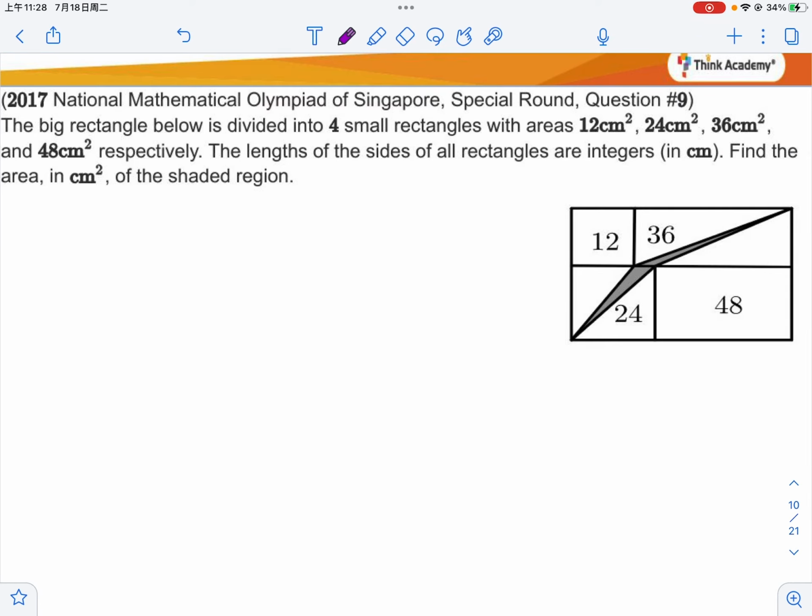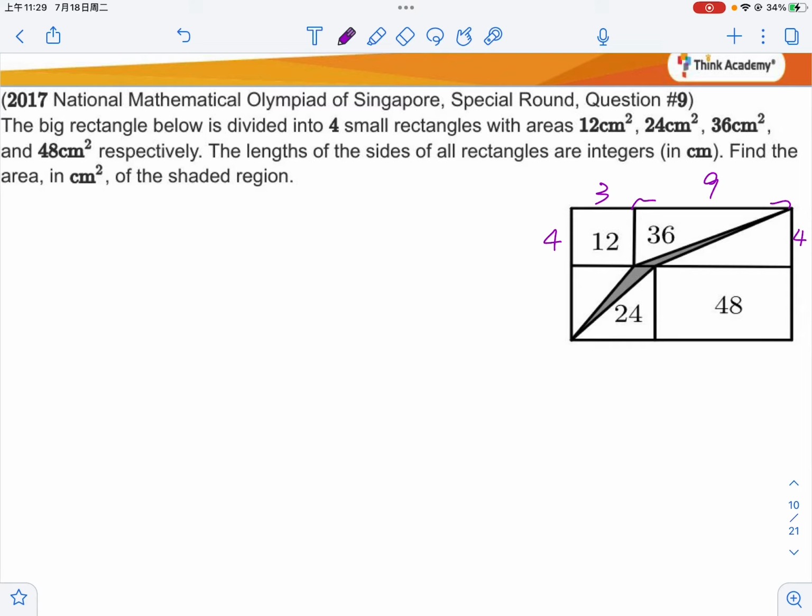I will show a very easy method to do this kind of question. For 12, you just think, who times who can be 12, because we are calculating rectangular area. So we may assume that 4 times 3 can be 12. So I know this length is 4 and this one is 3. So this length should be what? 9, right? 4 times 9.